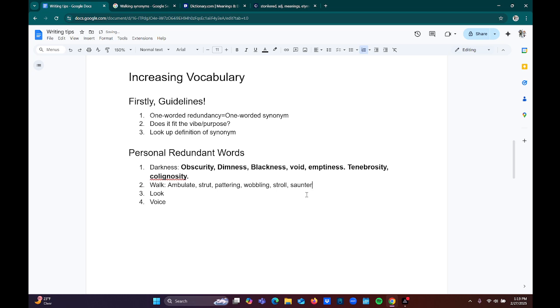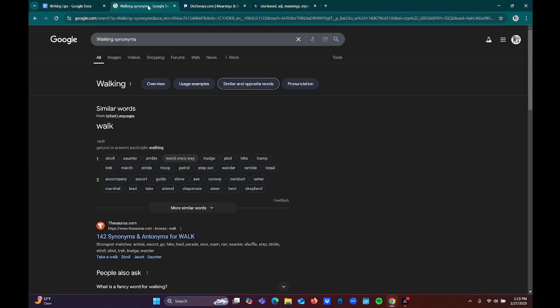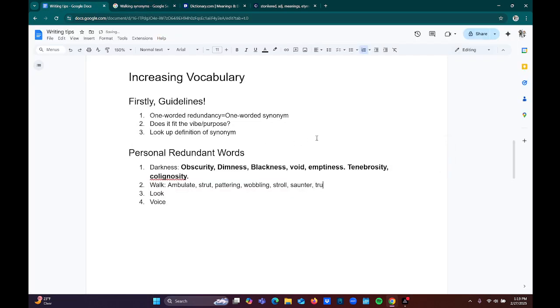Saunter. Trudge is another word. It's been a while since I've used some of these, so I kind of forgot. Oh, there you go. Lately, Google has been very good with synonyms.